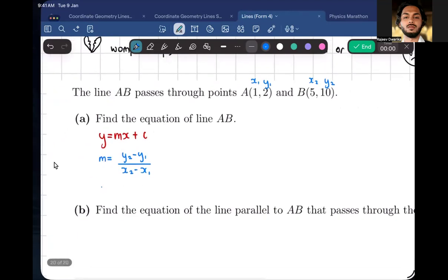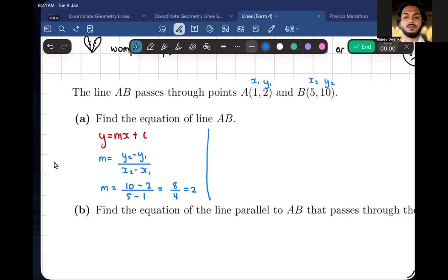So tell me what to substitute. 10 minus 2 over 5 minus 1. What is that? 8 over 4. What is 8 over 4? 2. Right? 8 over 4 is 2. So the gradient is 2.